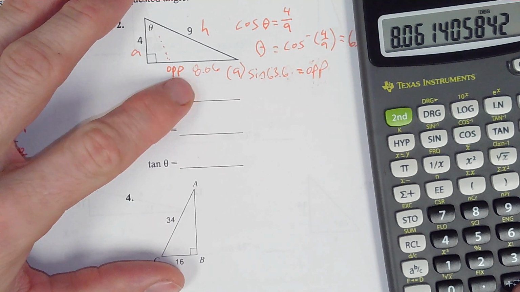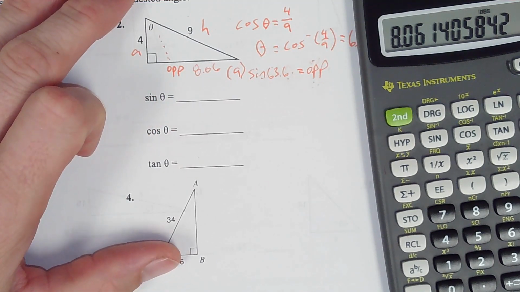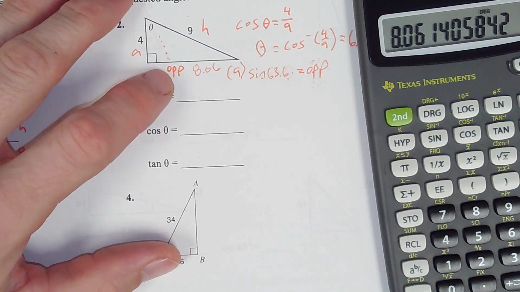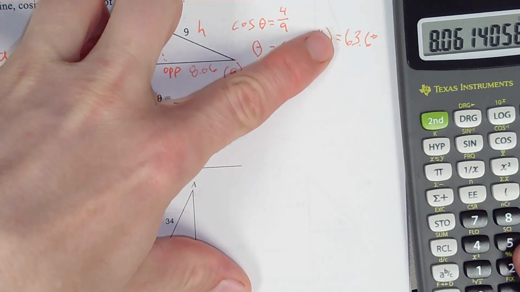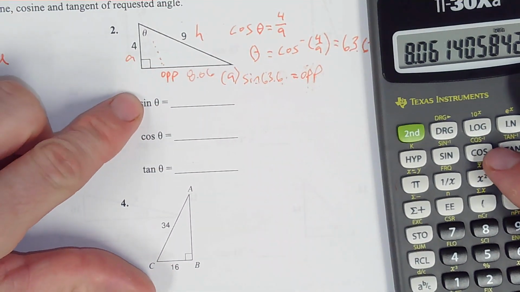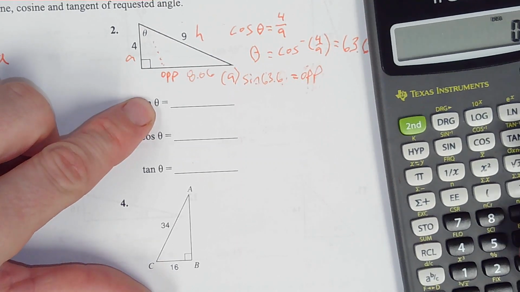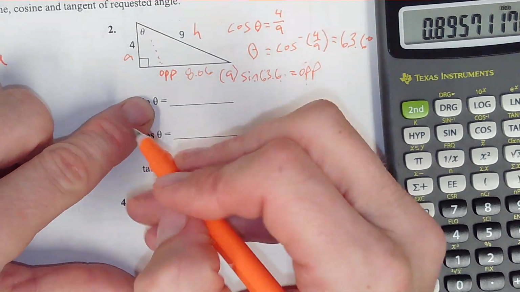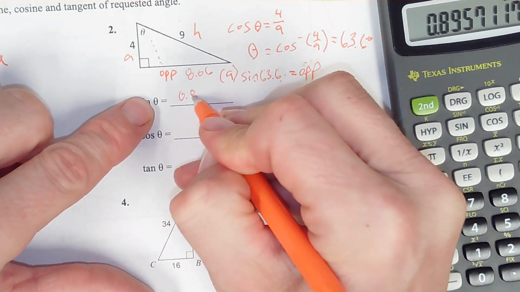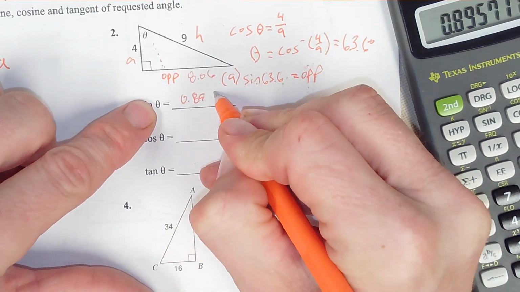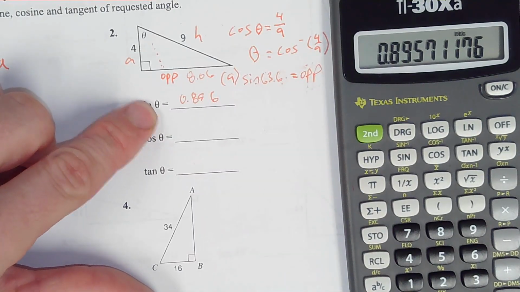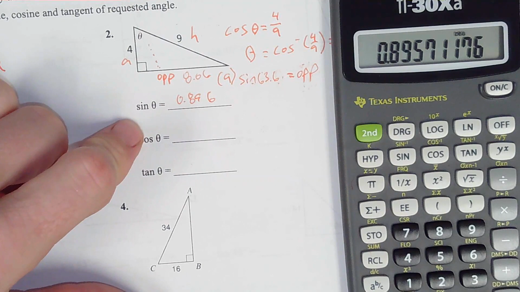But anyway, I figured out that this was 63.6 degrees, so I can just say that the sine of 63.6 is 0.896. Usually you want to go 3 digits, rounding to the nearest hundredth.